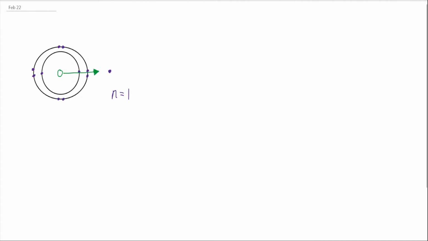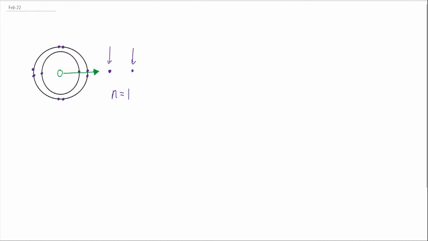Okay, so let's imagine that we bring the electron from here to here. Are we bringing it closer to what it wants to be close to, or are we bringing it further from what it wants to be close to? That's an electron, and we're pulling it away from the nucleus.